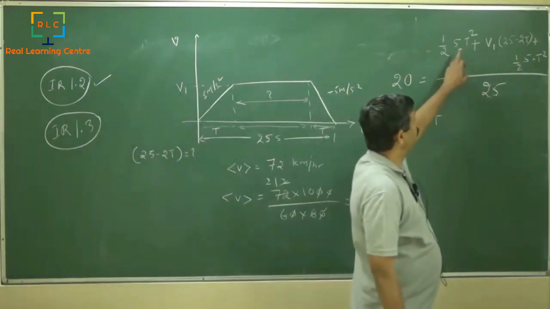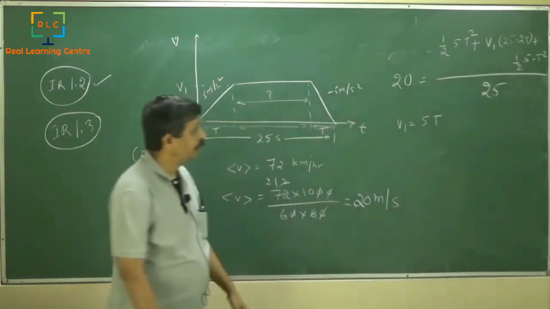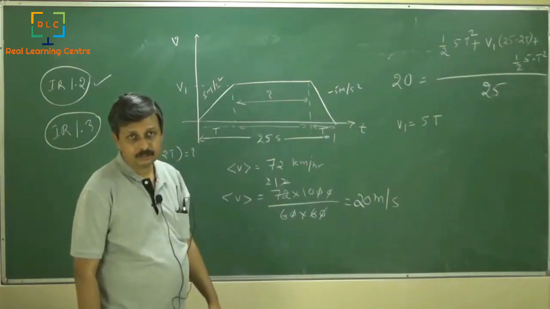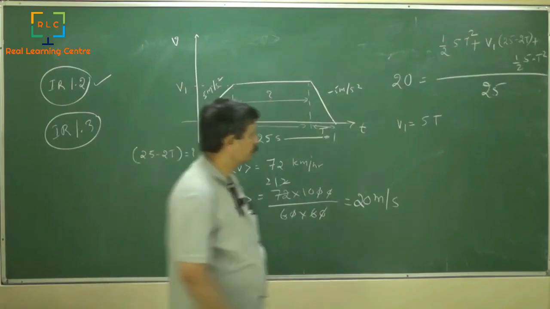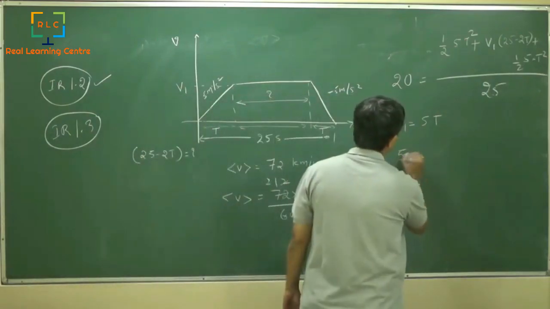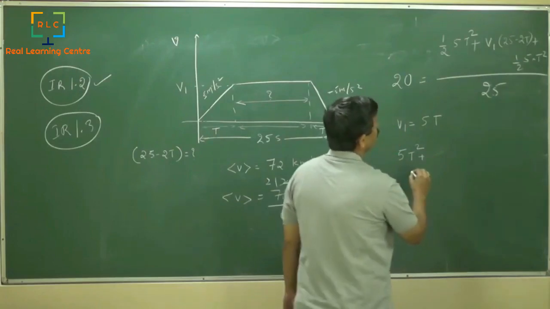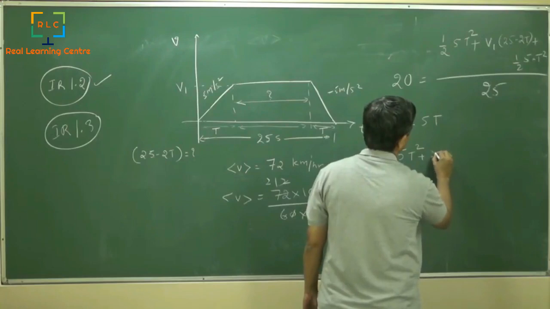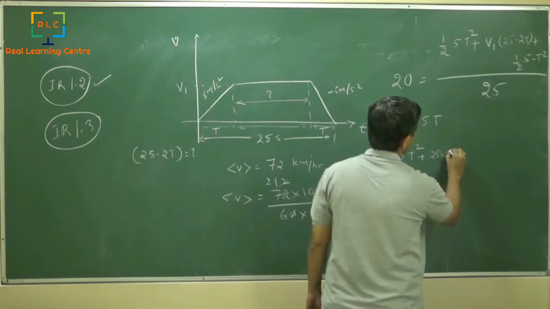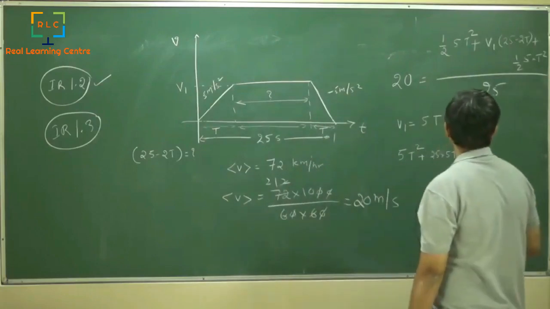Half into 5 into t square plus half into 5 into t square is 5 into t square, like that. Five t square plus 25 into 5t, 25 into 5t.